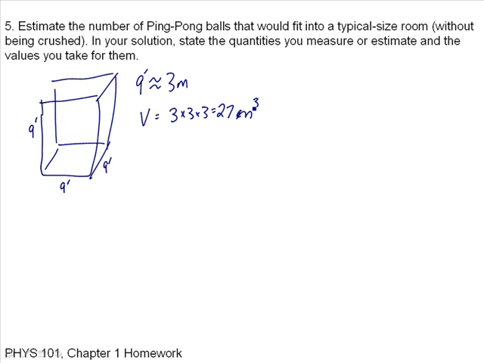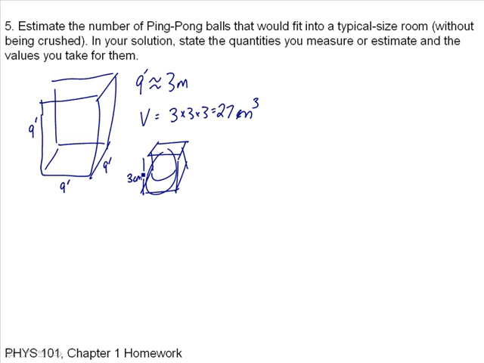And now I'm going to assume my ping pong ball. You know, a ping pong ball is a sphere, but if you stack spheres, they actually stack like cubes. So I'm going to assume my ping pong ball to be a cube. Alright, and that ping pong ball is going to be approximately 3 centimeters. 3 centimeters, that's like half my pinky, almost.